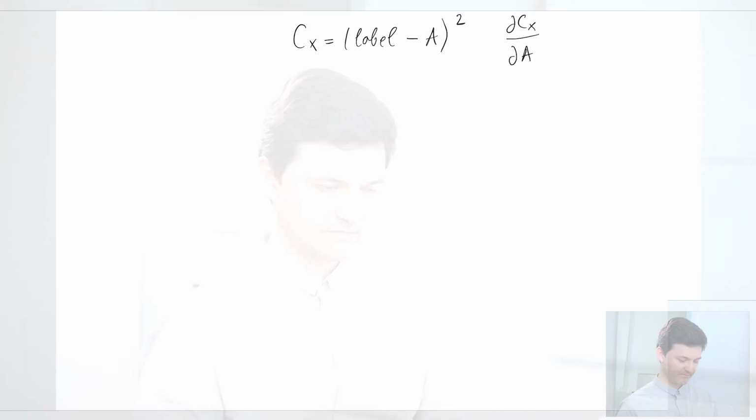So the formula is C of x equals label minus the output, squared, and we are interested in finding delta Cx in terms of the output A. So let's see what elements we have in our circuit.